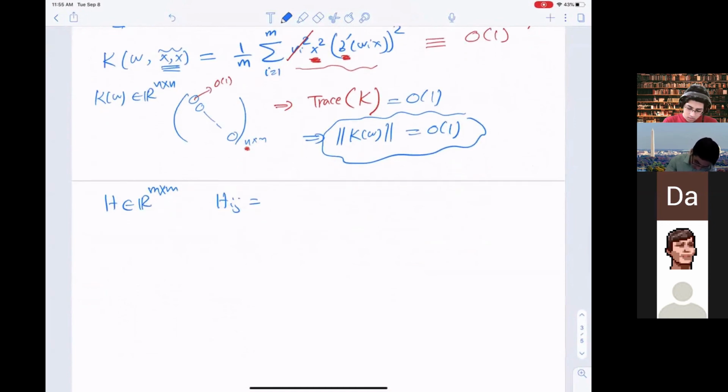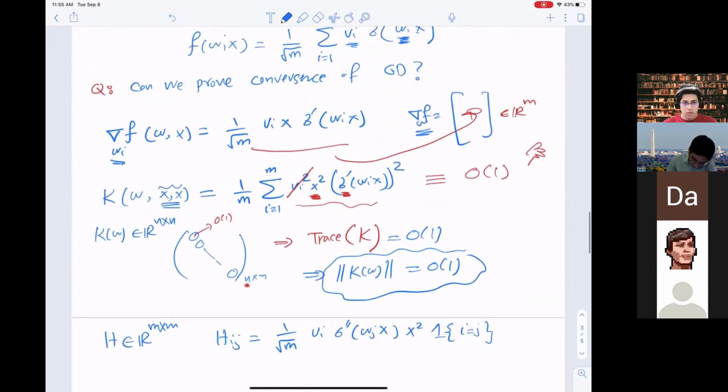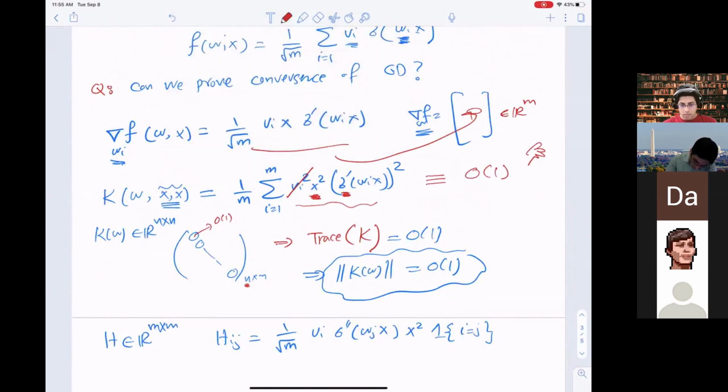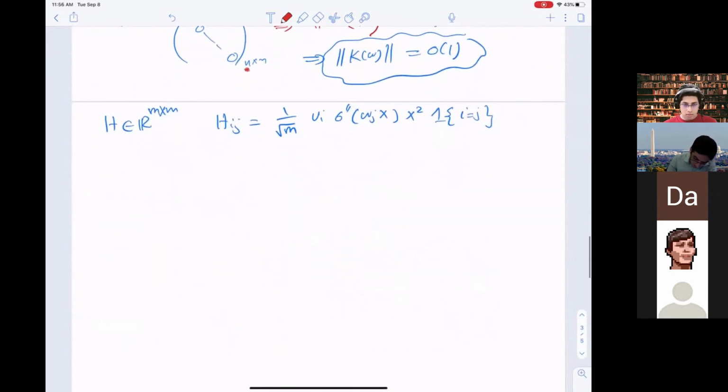You will get the following expression, quite simple because everything is one-dimensional: w_j times x, x squared, times an indicator when i is equal to j. So the Hessian is going to be diagonal. You are not going to have off-diagonal terms. Why is that the case? If I compute the gradient with respect to w_j, there is no dependence on w_j, so you get 0. The only terms that remain non-zero are those when i is equal to j.